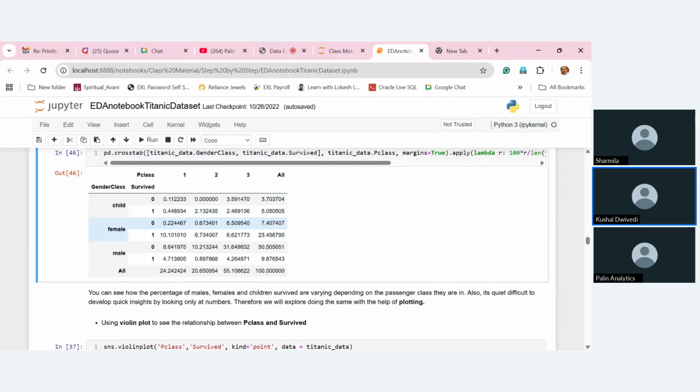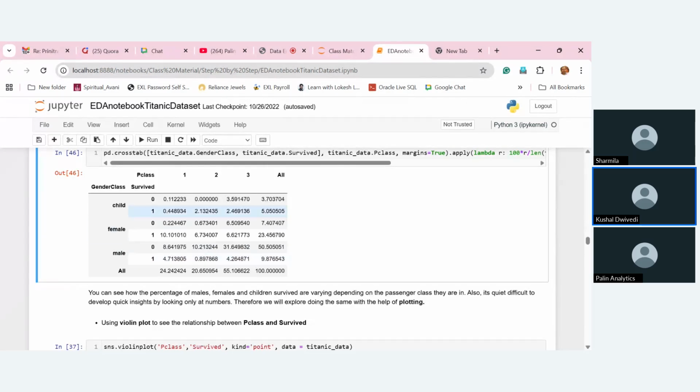In the same way, for females, higher class passengers have a score of 10, then the middle class has 6, and passenger class 3 has only 6.6. When you come to males, the non-survival chances are more. Here it is 10 and here it is 31 for non-survival, while survival chances are only 4, 0.89 and 4.3.